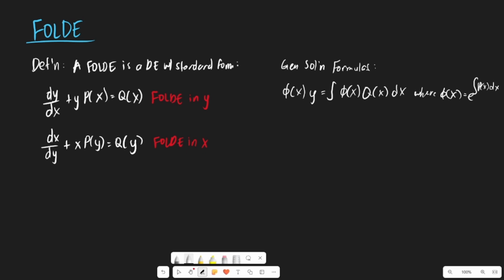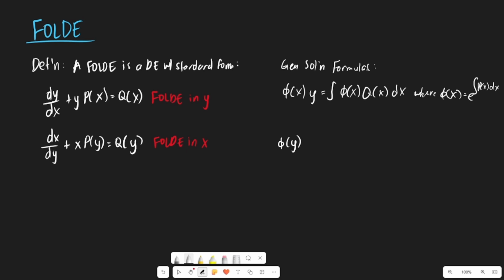Now for the next one, we have the general solution for the FOLDE in x. We start with phi of y. Basically, when finding the general solution for a FOLDE in y or a FOLDE in x, look at your FOLDE. If it has functions of y, you start with this formula, and when you have functions of x, you start with this formula.